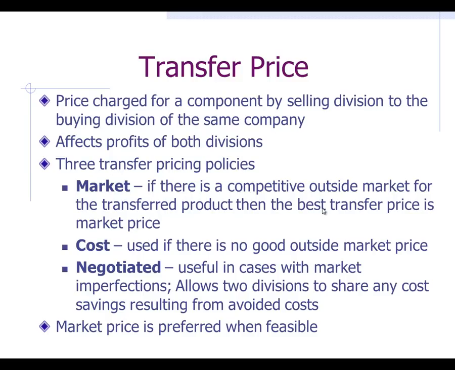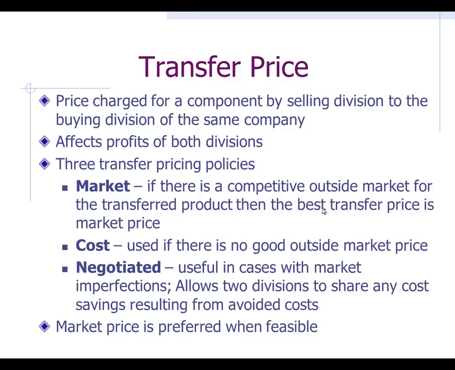So the battery division is going to have revenues and expenses, and net income. The computer division is going to show revenues and expenses and net income. So that's what is known as a segmented income statement. Okay, so the battery division and the computer division are each going to have net income.